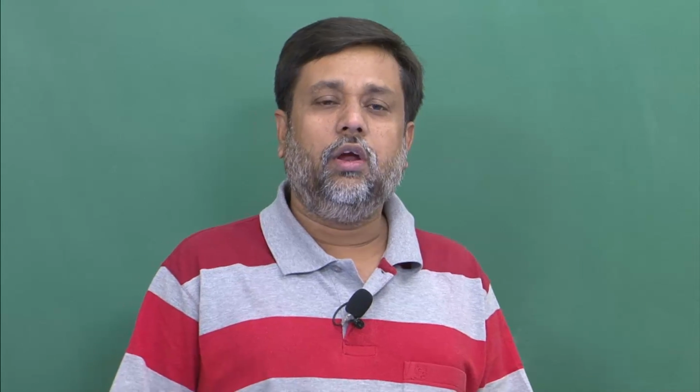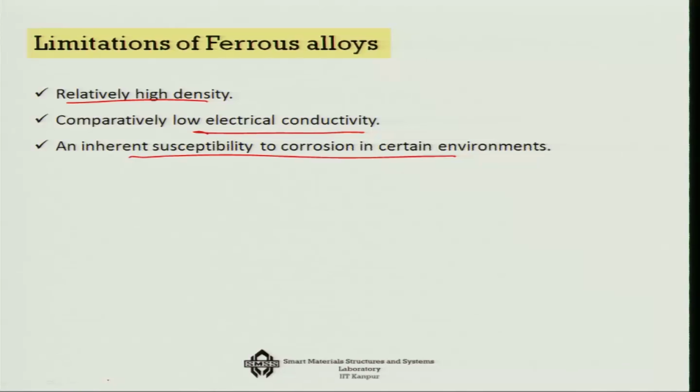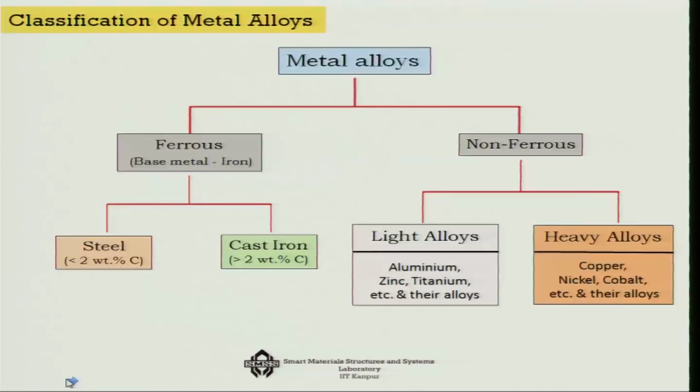So, density, electrical conductivity and corrosion resistance are some of the important reasons why one has to go for non-ferrous alloys. Now, in the classification of metallic alloys, there is a branch of ferrous alloys with iron as the base metal, then steel, cast irons, etc., which I covered in the last lecture.